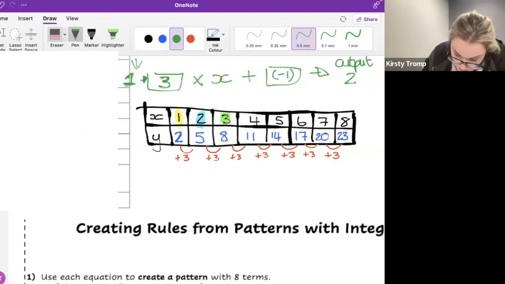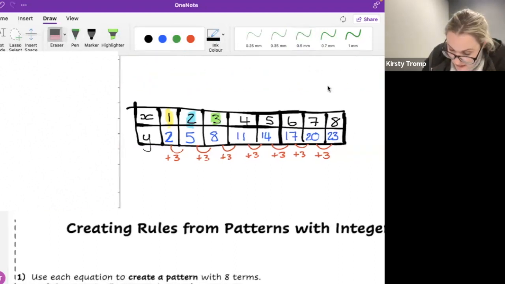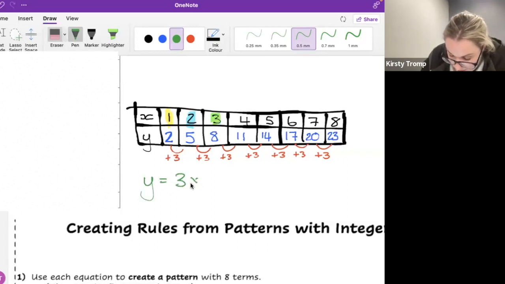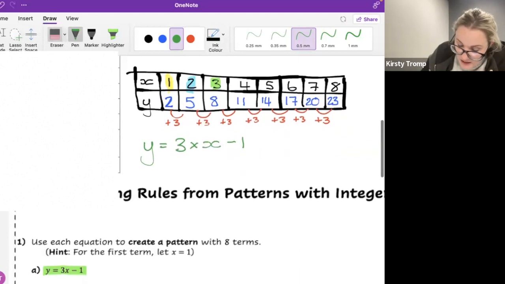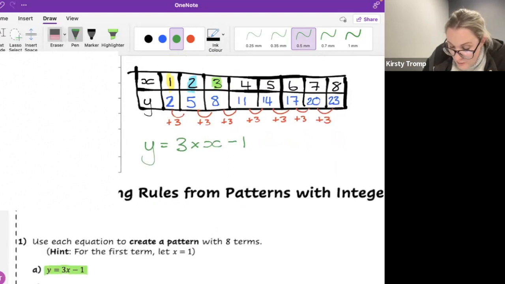So another way of saying it is y is equal to 3 times by x minus 1. Is that what we had before in the sum? 3x minus 1? Yes, it is. So we look for our common difference, and then we find what our missing constant is.